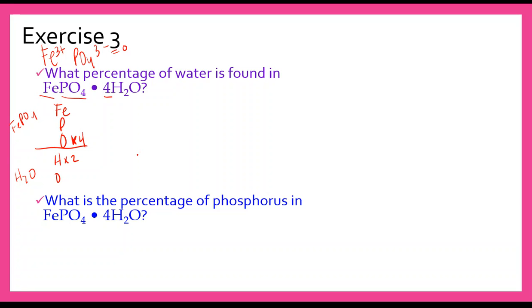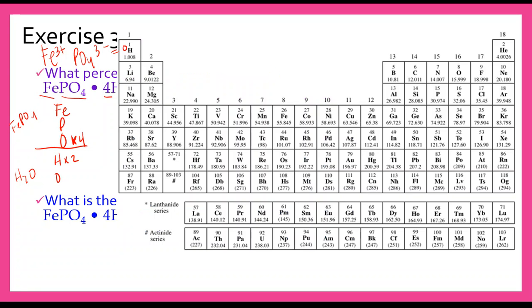Before we can continue, we need the periodic table to look up the molar masses. Remember, we're always rounding to 2 decimal places, so that we all have the same numbers. Looking at iron, that would be 55.85.